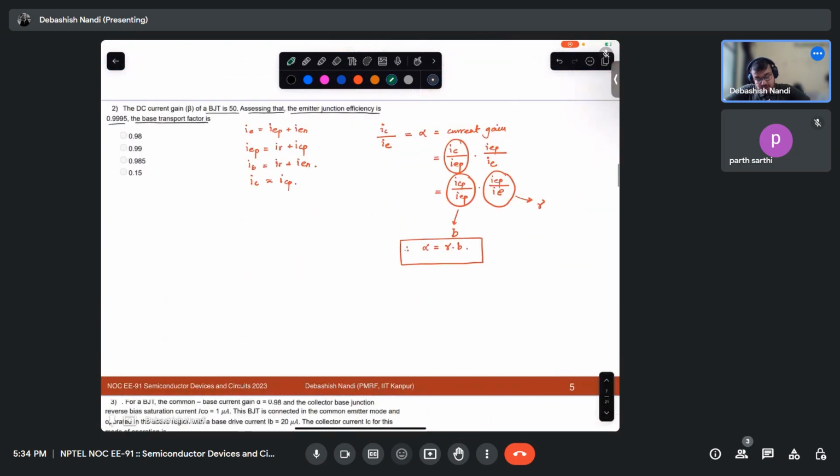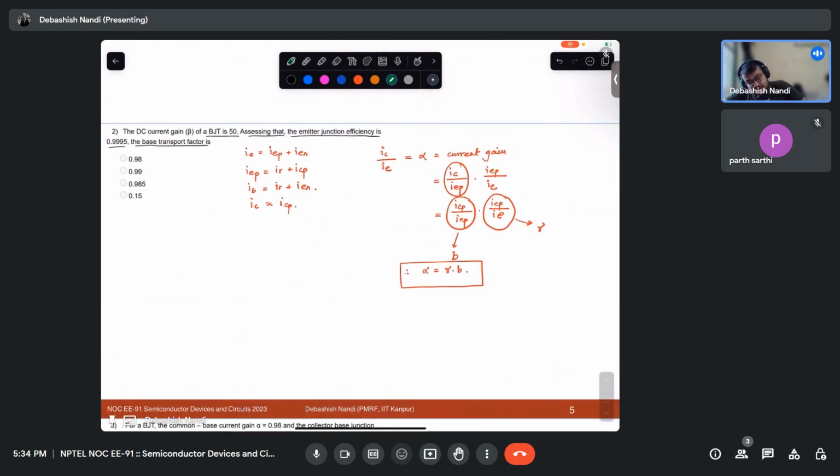Now here, if we use the same argument, that IE is equal to IC plus IB, and divide both sides by IC, then I will have 1 plus IB over IC. We know that IC by IE is alpha, so IE by IC will be 1 over alpha, equal to 1 plus IB over IC, and this quantity beta is defined as IC over IB.